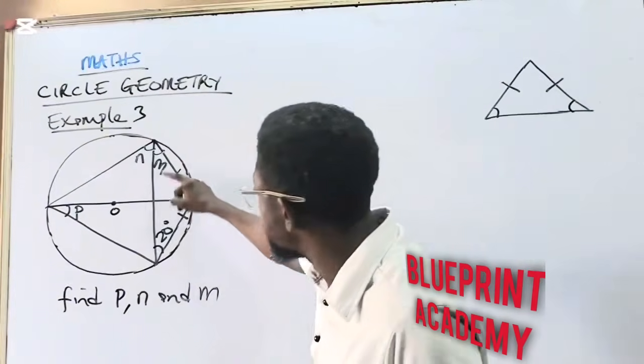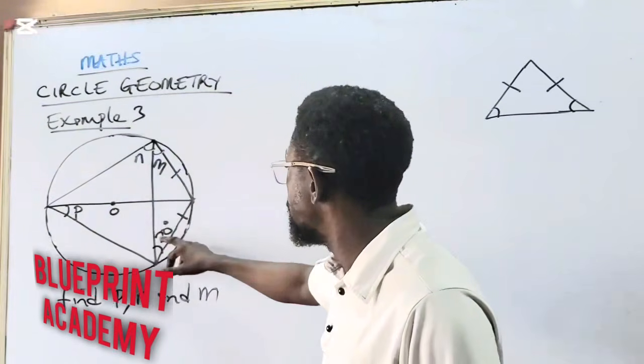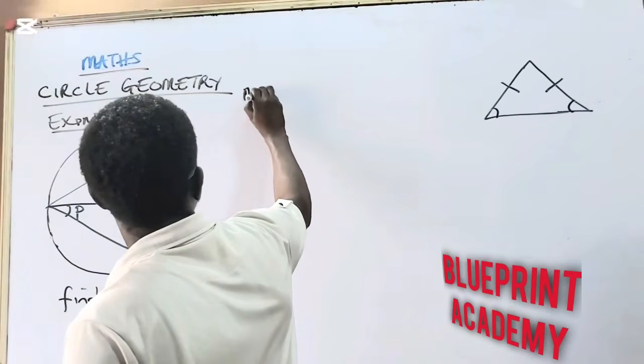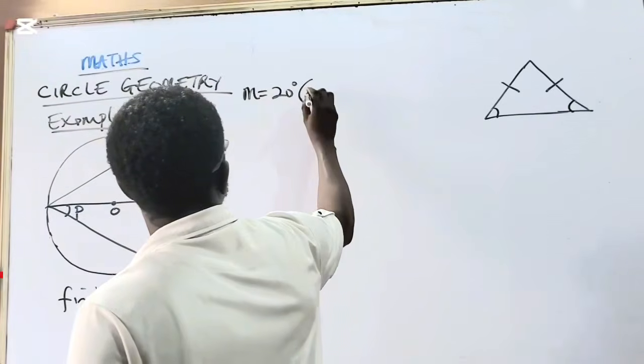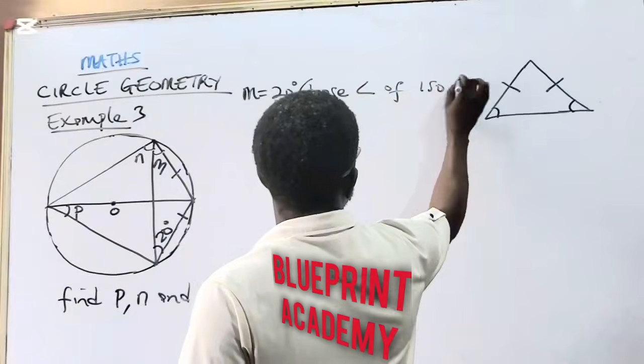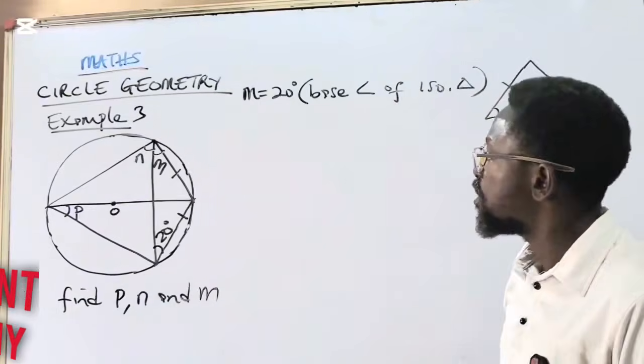So this one here is an isosceles triangle, and M here is going to be the same as that 20. So I have M equal to 20 degrees. That's base angles of isosceles triangle.